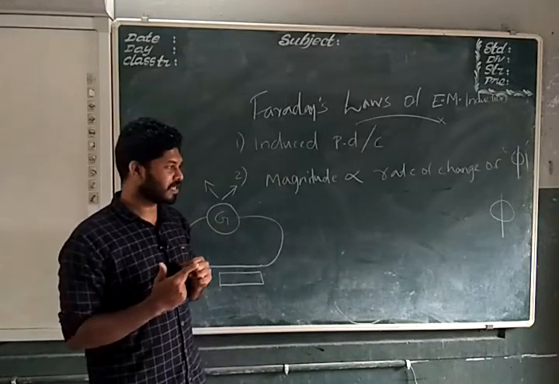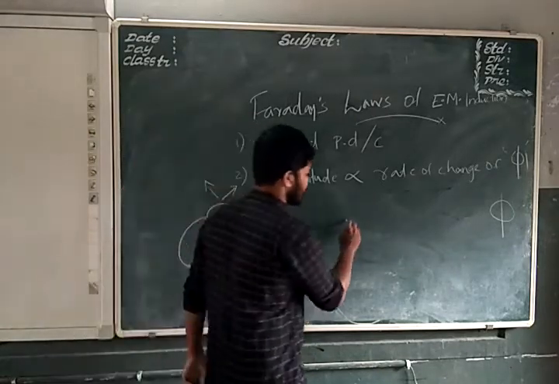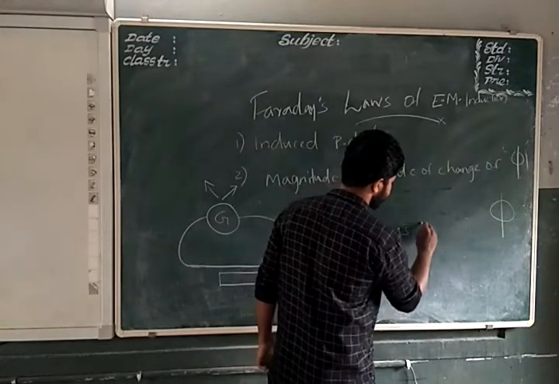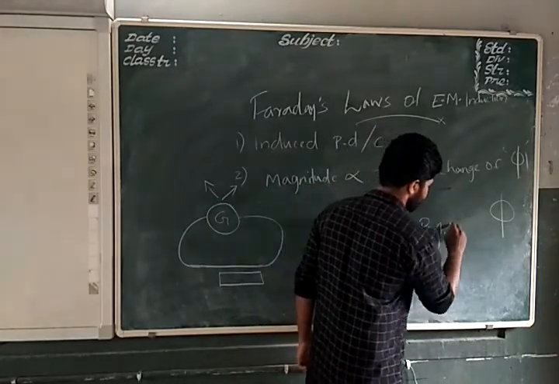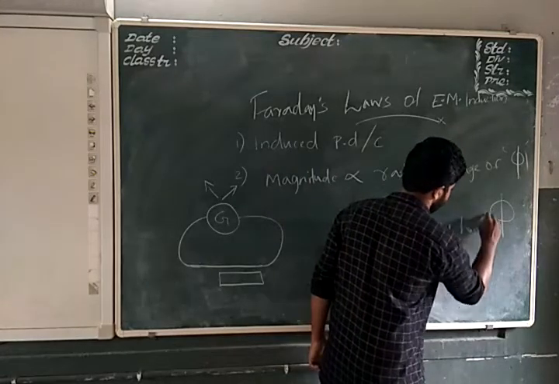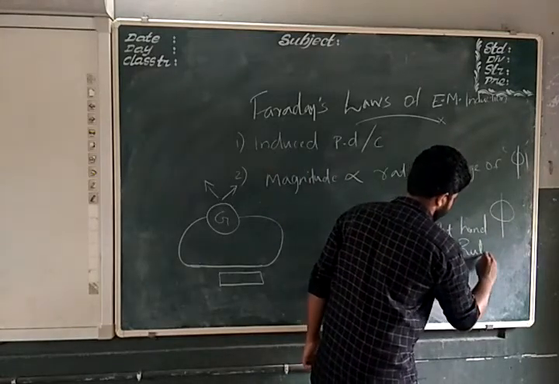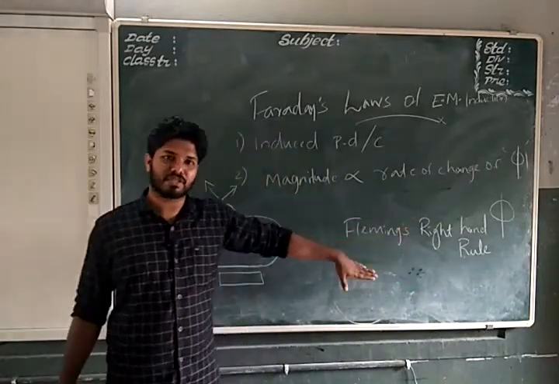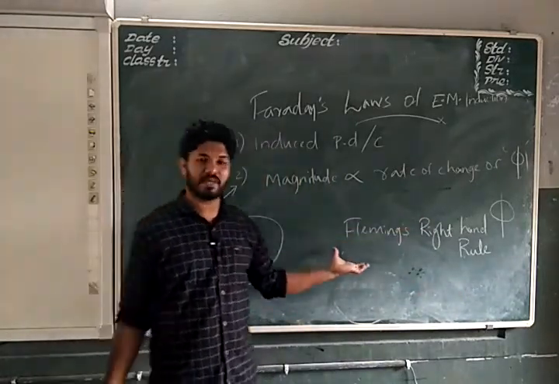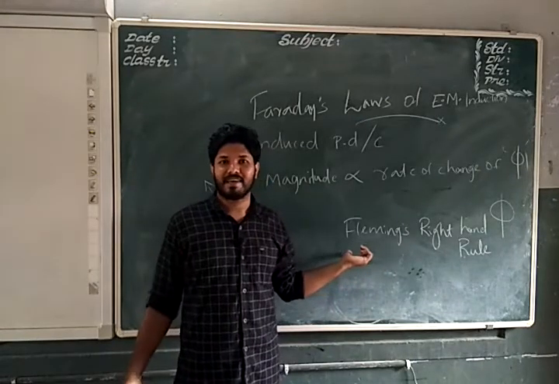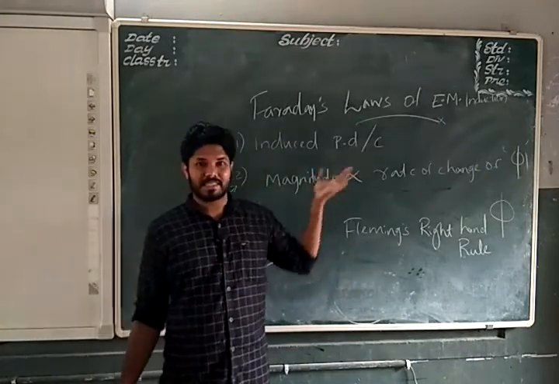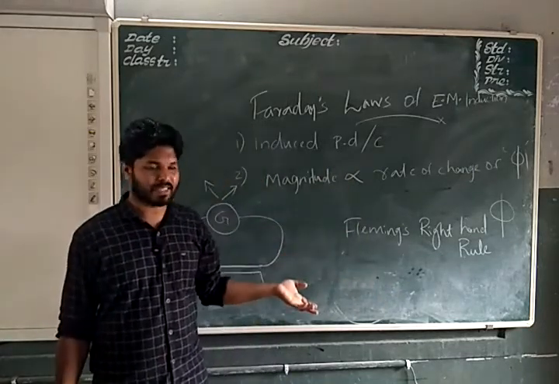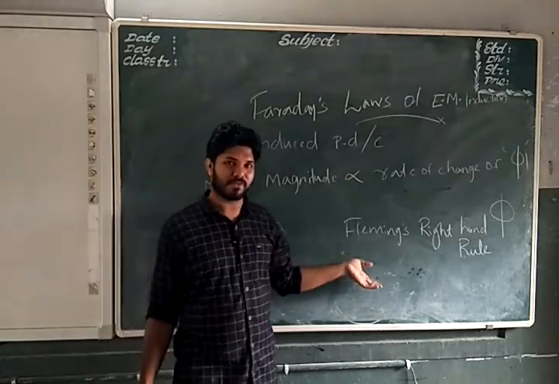That is Fleming's right hand rule. It gives the direction of induced current or EMF, electromotive force.